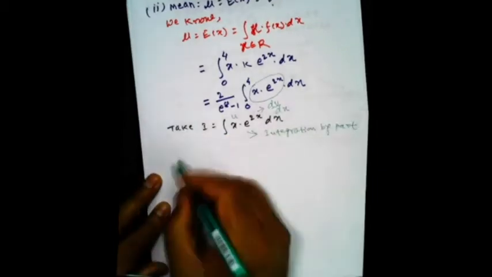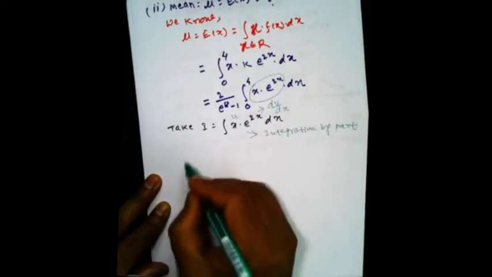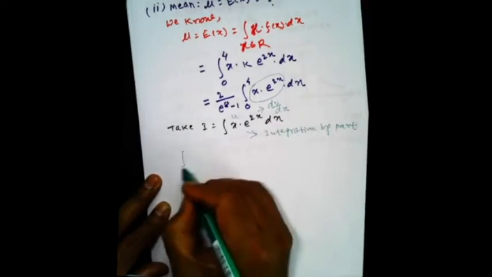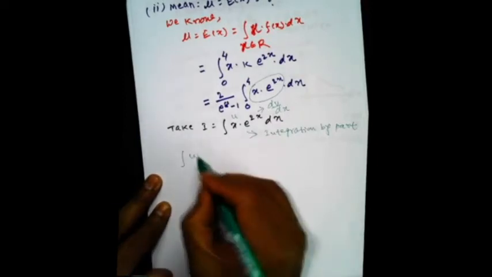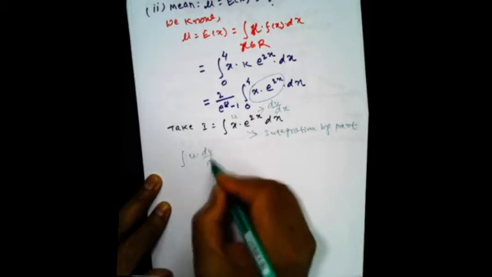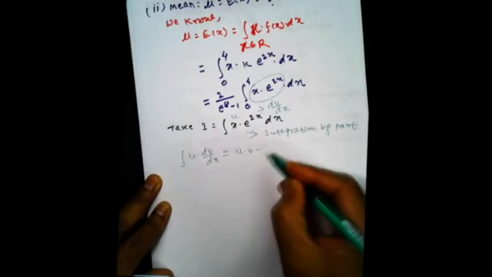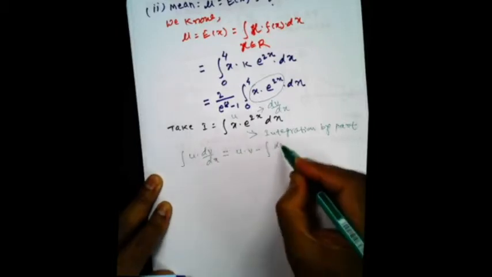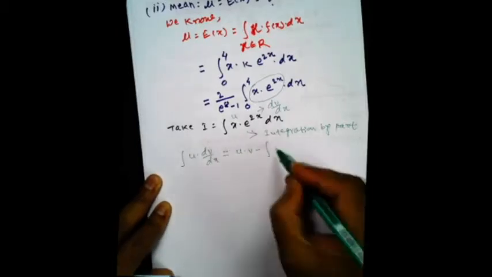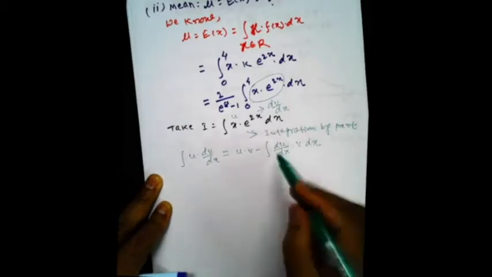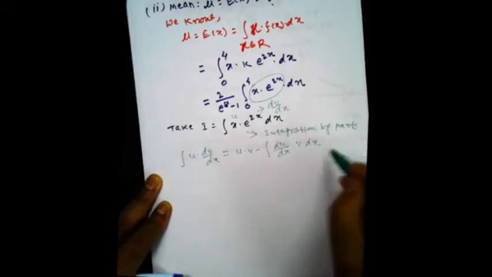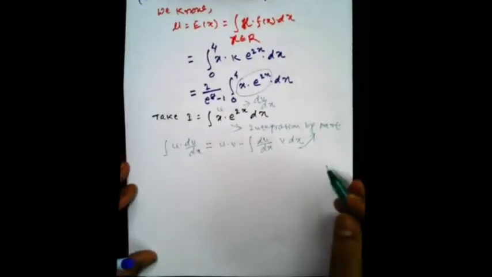Integration by parts is given by the integral of u times dv by dx equals u times v minus the integral of v times du by dx dx. You can write it in either way, and this formula is available in your formula booklet as well.